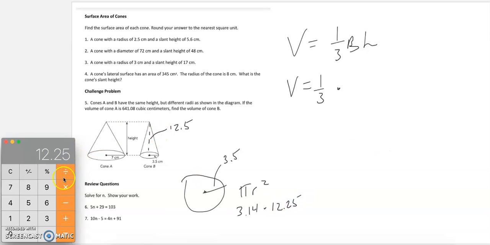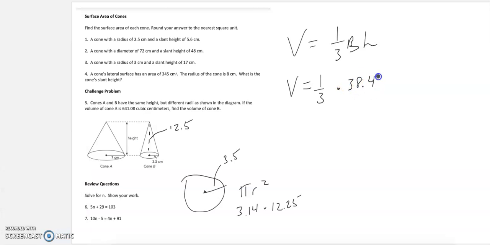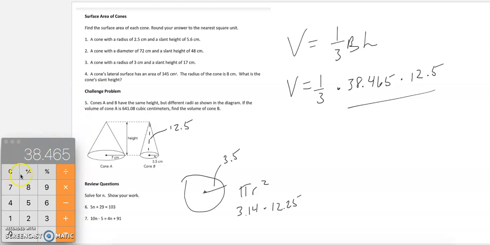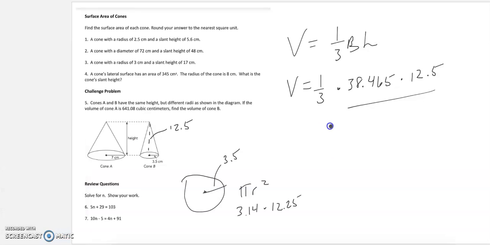So let's multiply that by 3.14, which equals 38.465. Then 38.465 times the height, which we now know is 12.5. To find the volume, I'm just going to multiply and then divide by 3. So times 12.5 equals this, divided by 3 equals that. And there you go. So the volume is equal to 160.3 centimeters cubed. All right.